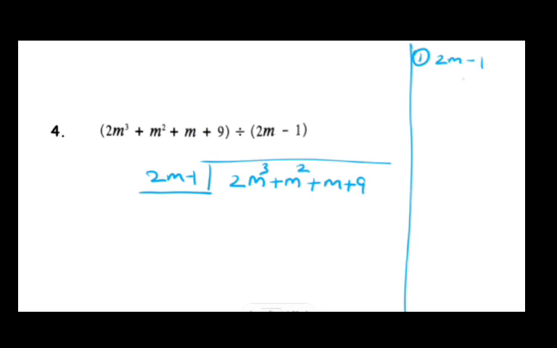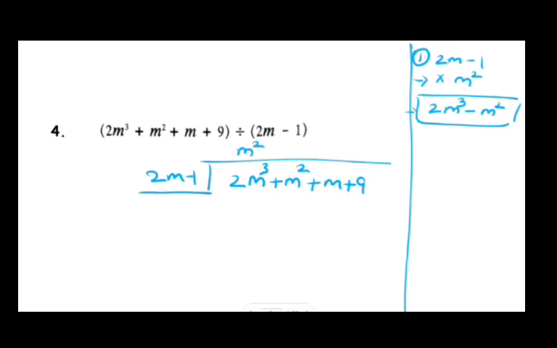2m minus 1 into simply m square to get the degree of m cube. So 2m cube minus m square. This goes as a part of my quotient, which is m square.